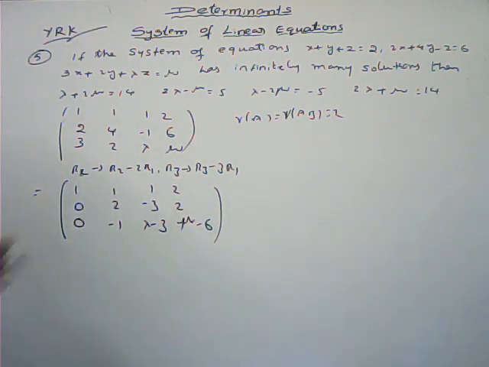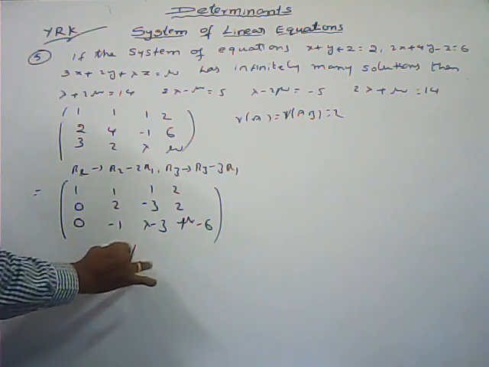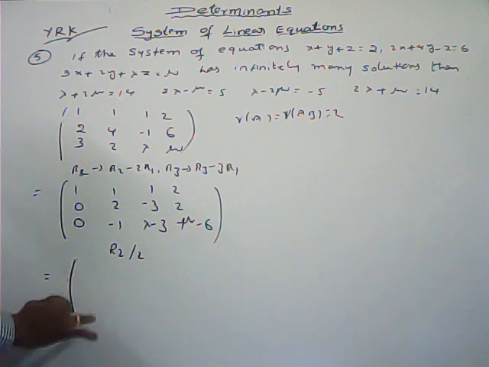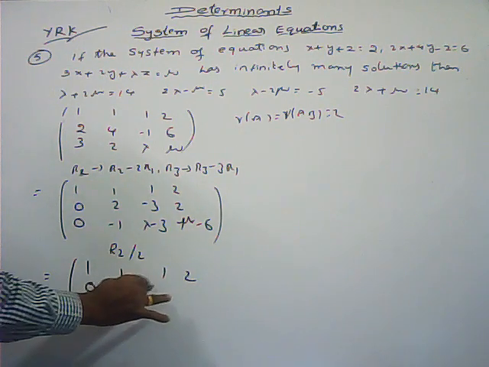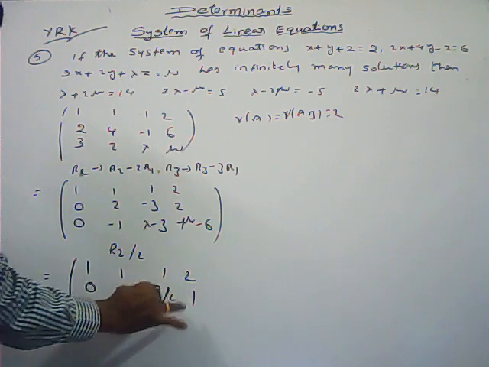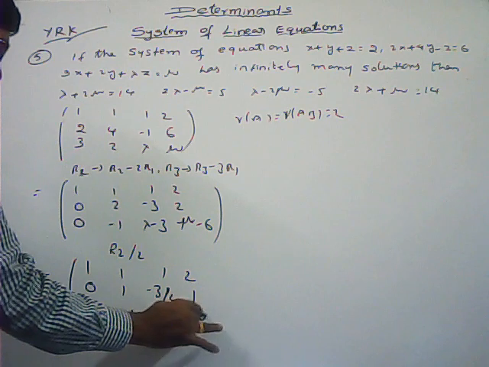Next, here how to get 0 here? Otherwise we can do one thing. Here what I am doing, R2 divided by 2. 1, 1, 1, 2, 0, 1, minus 3 by 2, 1. Now 0, minus 1, lambda minus 3, mu minus 6.